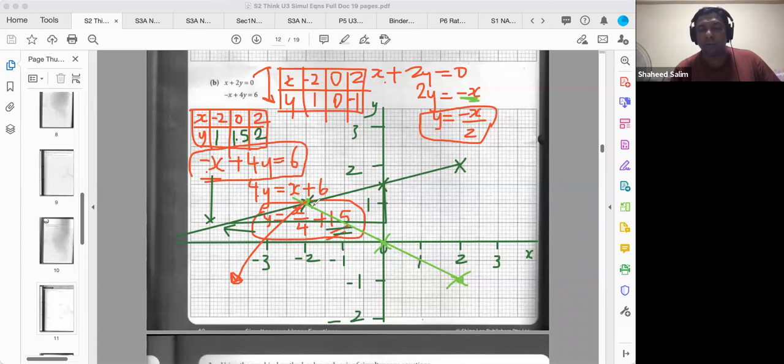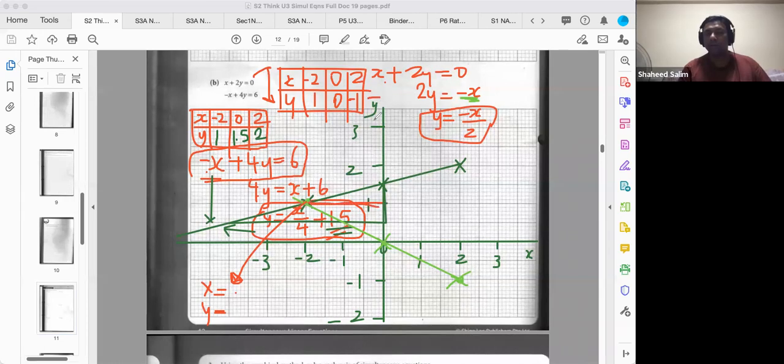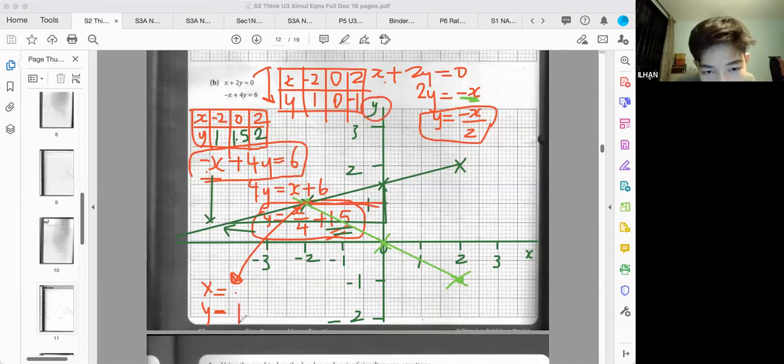So you must give the point of intersection, what is x and what is y. X is equal to negative 2. Y is 1. That is y, this y axis.